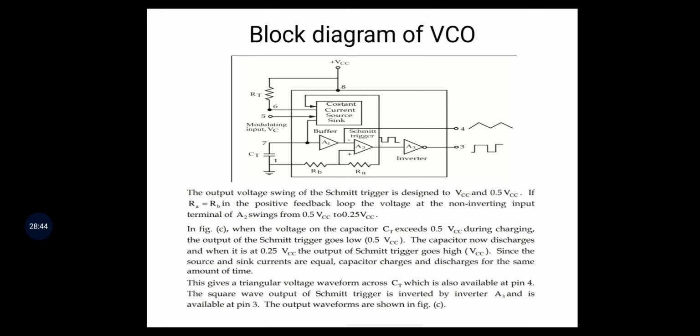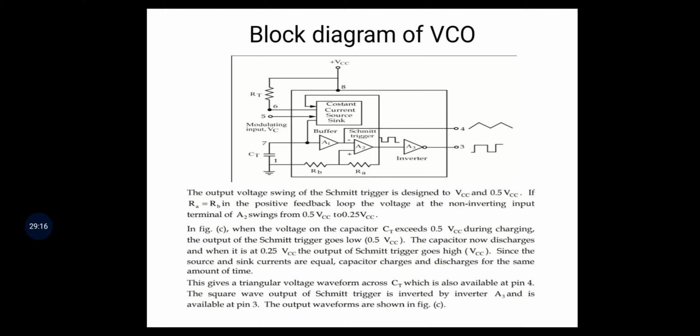Here again we repeat: when the voltage on the capacitor Ct exceeds 0.5 VCC during charging, the output of the Schmitt trigger goes low. The capacitor now discharges, and when it reaches 0.25 VCC, the output of the Schmitt trigger goes high, that means positive VCC.